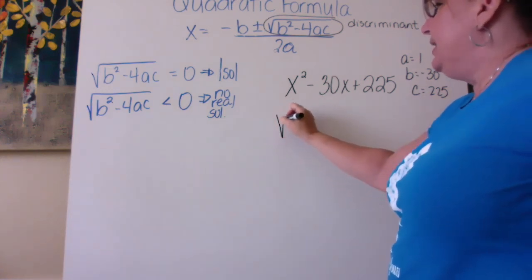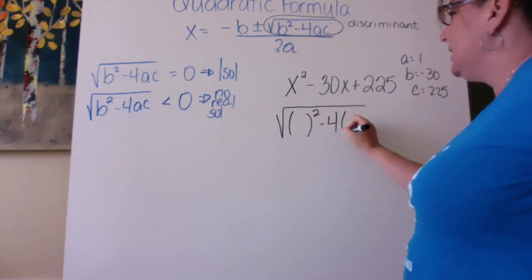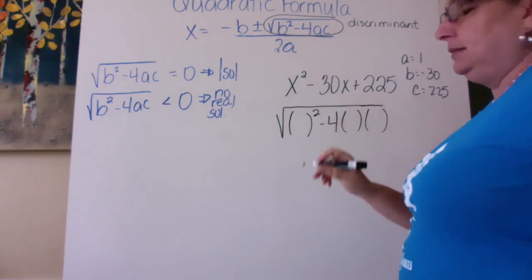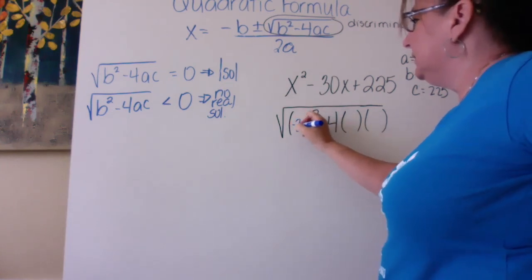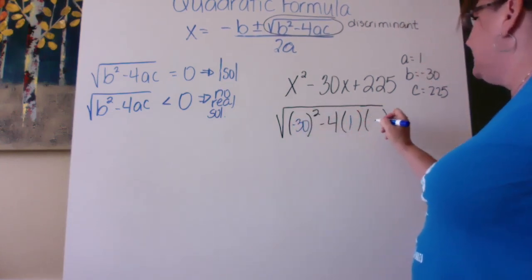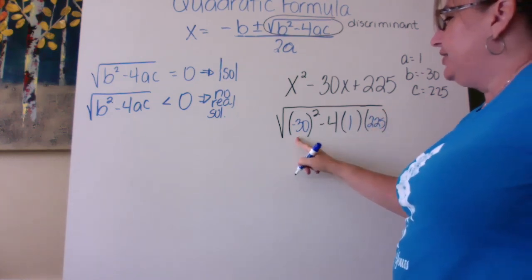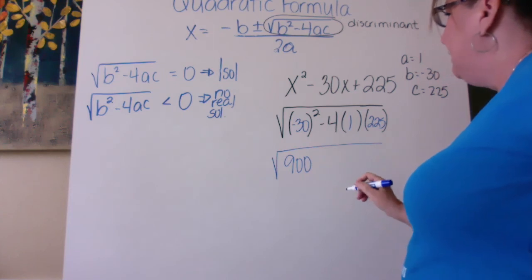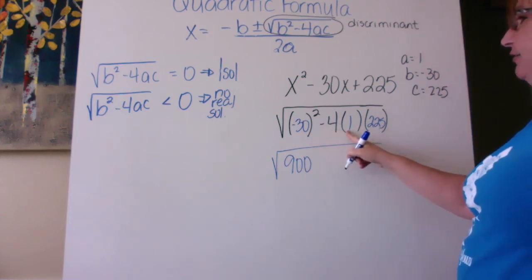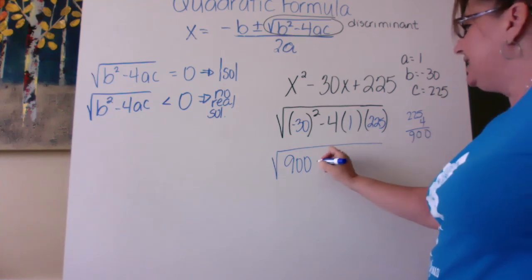So my discriminant for the last time is B squared minus 4 times AC. B is negative 30, A is 1, and C is 225. Negative 30 times negative 30 is 900. Minus 4 times 1 is negative 4 times 225, which is 900.